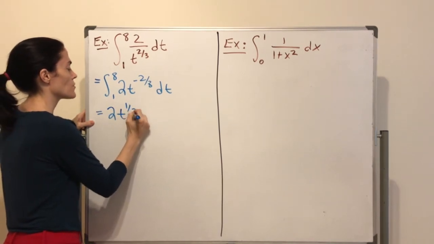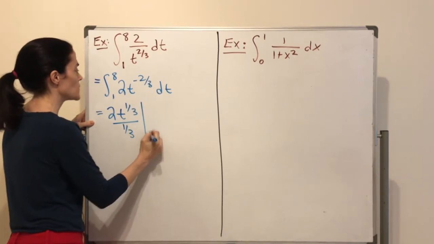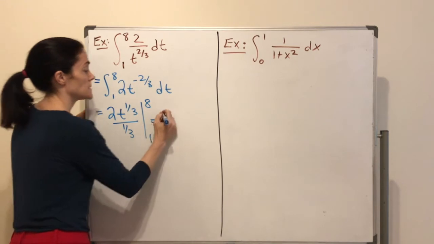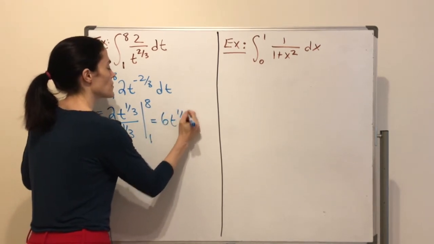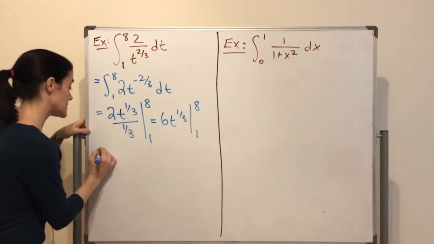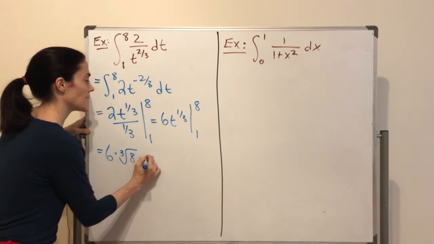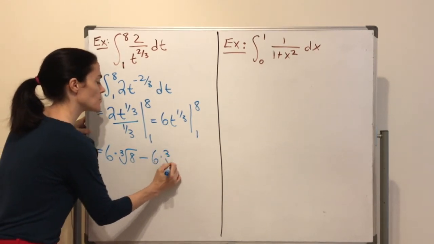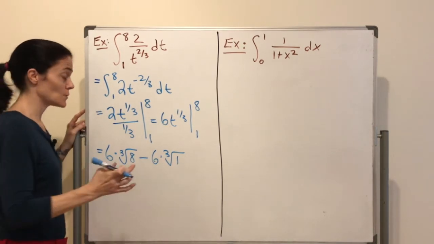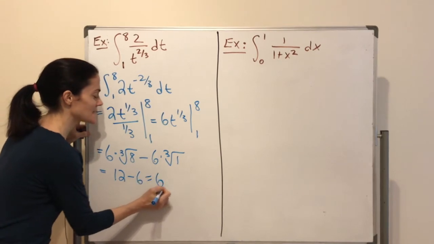This would be 2 t to the 1/3 divided by 1/3, evaluated between 1 and 8. And here, this is 6 t to the 1/3, evaluated between 1 and 8. And now we just take 6 times the cube root of 8, minus 6 times the cube root of 1. The cube root of 8 is 2, this is 12, minus 6, we get 6.